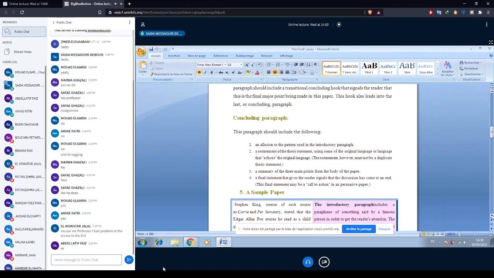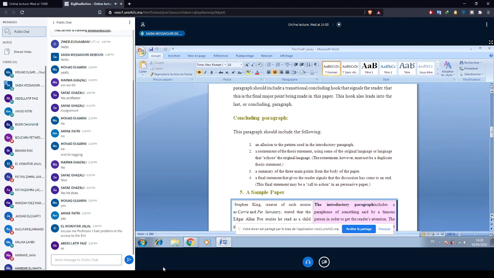You're not going to use all the sentences you have in the introduction. No, you cannot do that. An introduction is an introduction, and a conclusion is a conclusion. So a restatement of the thesis statement using some of the original language, or language that echoes it. You may paraphrase, for example, the original language. The restatement, however, must not be a duplicate of the thesis statement.